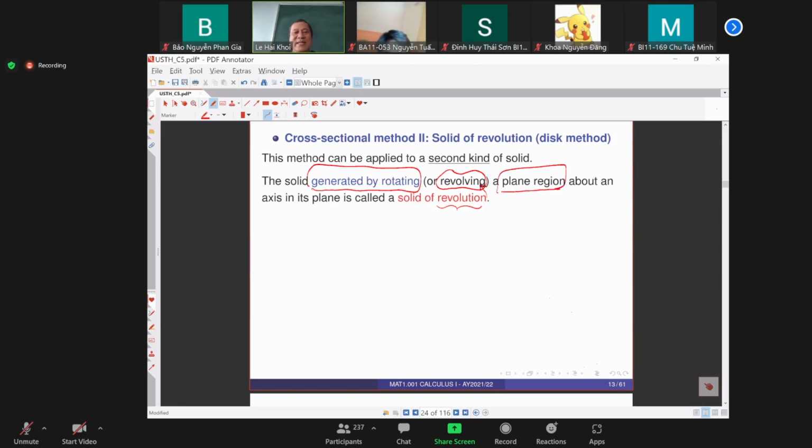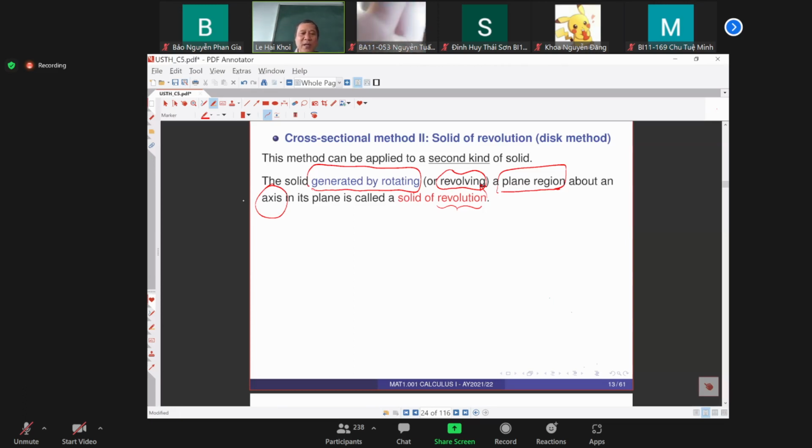We rotate it about the axis, then we have the solid of revolution or solid of rotation, the "khối tròn xoay", as I mentioned from the beginning. Okay, so in this case, it is very easy to find what the cross section is and its area.